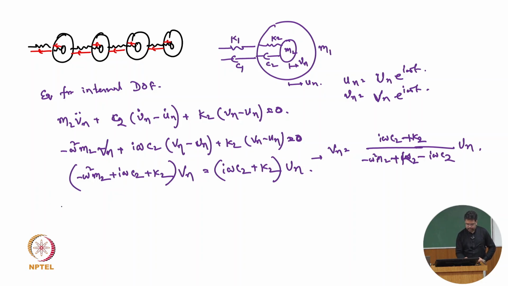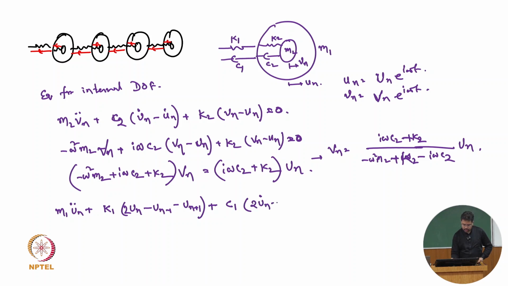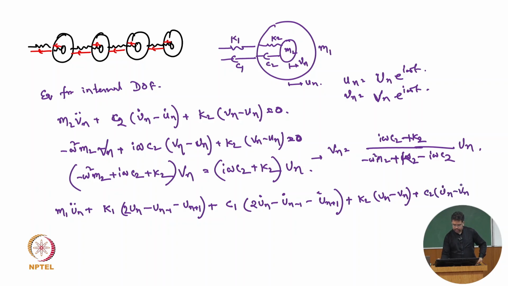So the first mass equation of motion is m1 Un double dot plus k1 into 2 Un minus Un minus 1 minus Un plus 1, plus c1 into 2 Un dot minus Un minus 1 dot minus Un plus 1 dot, plus k2 into Un minus Vn plus c2 into Un dot minus Vn dot, that is equal to 0.